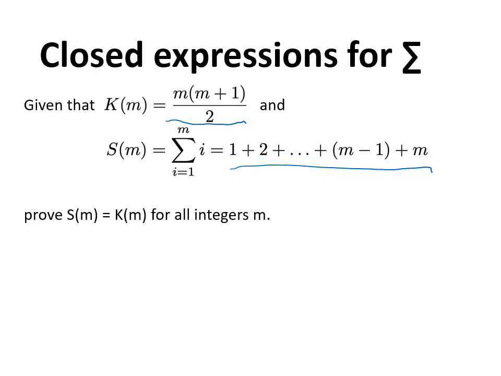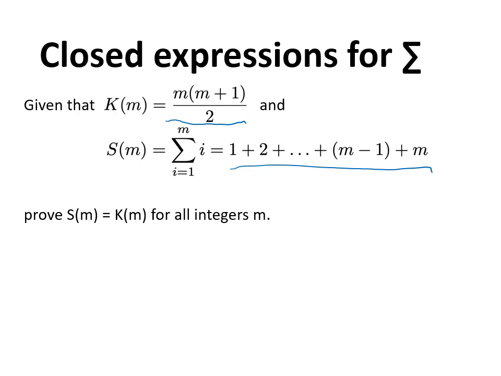Okay, so how do we do this using induction? Well, we are going to follow the 4 steps of our skeleton proof. So first, we have to formulate P of m.